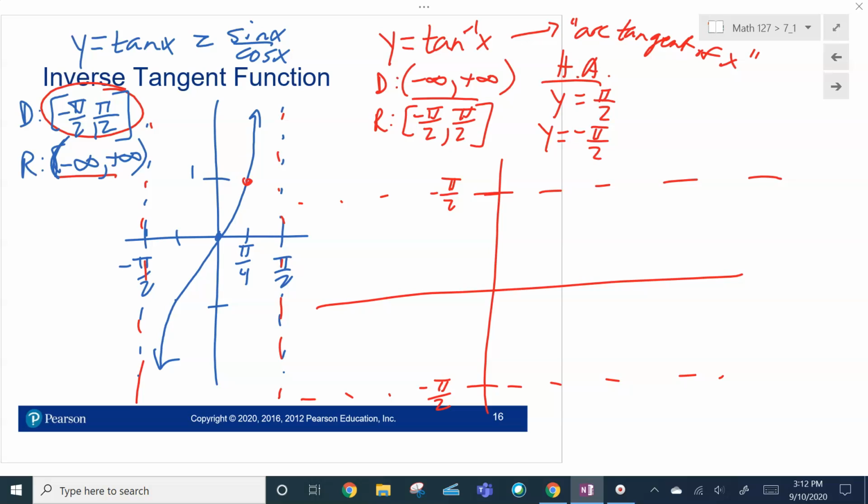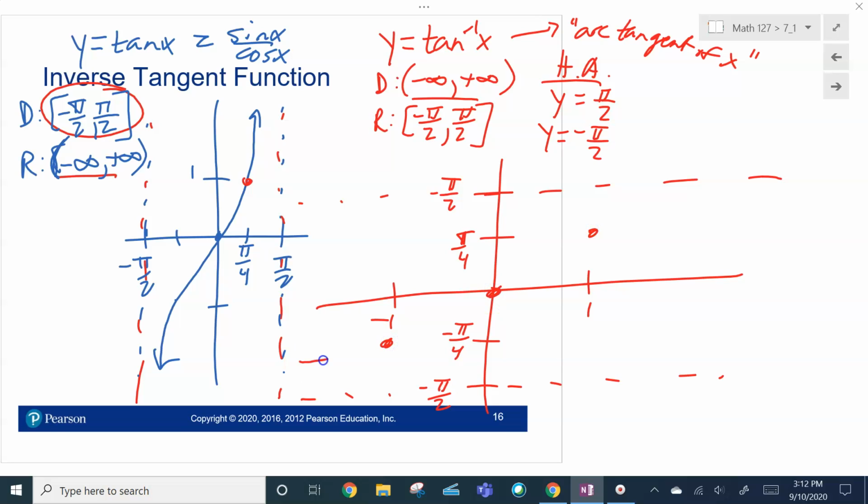Instead of the point pi fourths comma 1, it's going to be 1 comma pi fourths. Instead of negative pi fourths, negative 1, it'll be negative 1 comma negative pi fourths. We still have 0, 0.